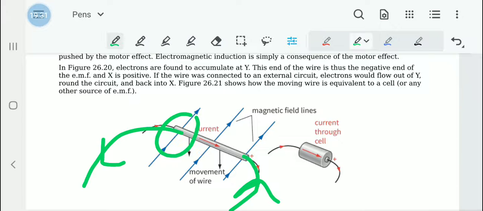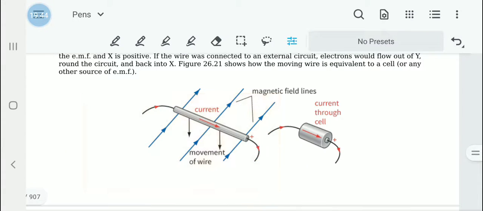I hope you understand this. So the electrons are moving in this direction. So as a result, the current flows in this direction as shown, because the conventional current is the direction of the current we are talking about.